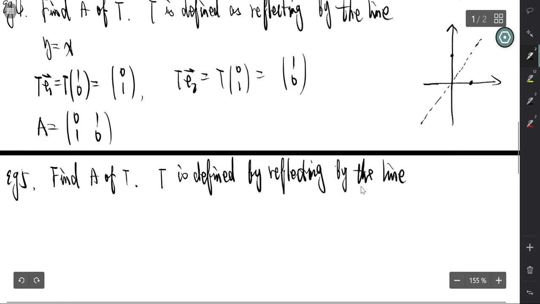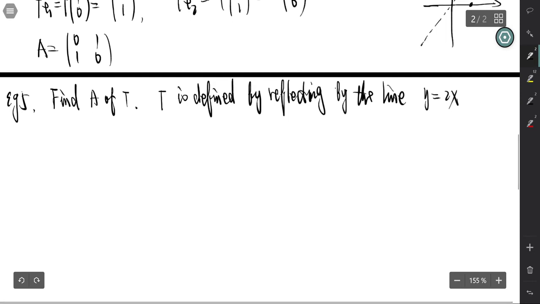If the line is not y equals x, but y equals 2x, then how do we find the TE1 and TE2? There's some trick for this type of transformation. This is y equals 2x.